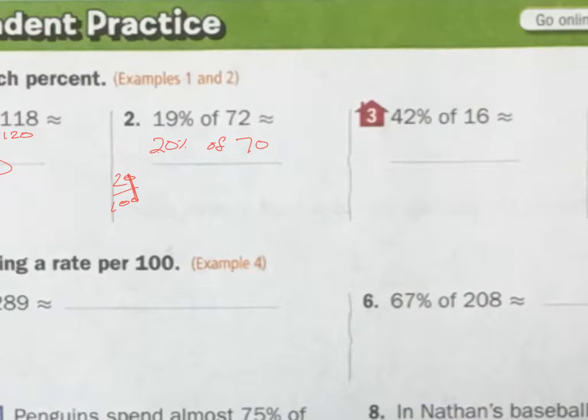I get rid of that. I reduce that to 1/5. 1/5 times 70 is 70 divided by 5, which is 14. Okay. So 19% of 72 is about 14.